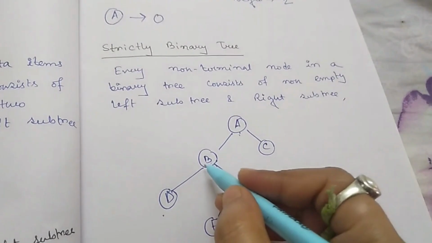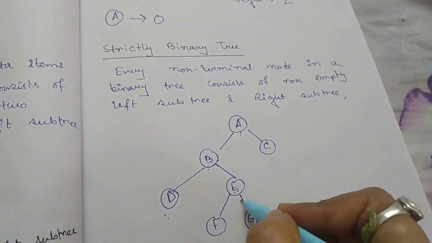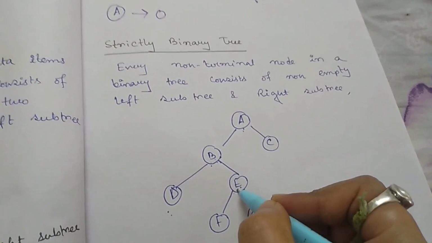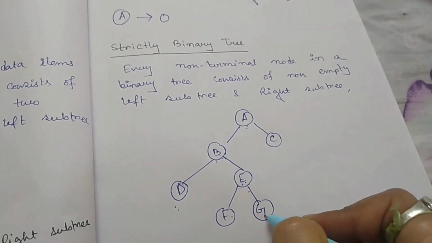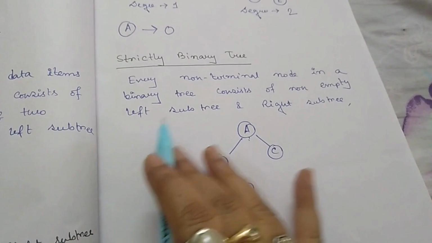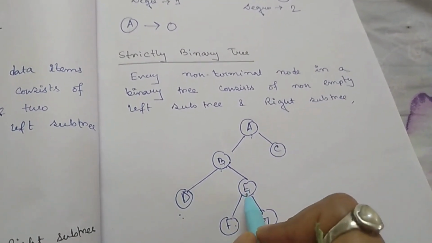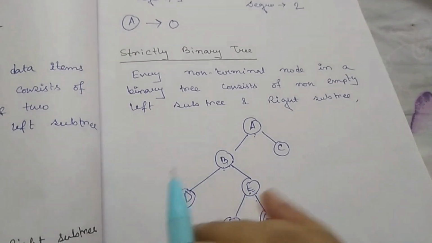That is, if we consider B node, D is a left subtree and E is a right subtree, and if we consider the E node, in that case F is a left subtree of E and G is a right subtree of E. Okay, so according to the definition, every non-terminal node, that is B and E, consists of a non-empty left subtree as well as right subtree.